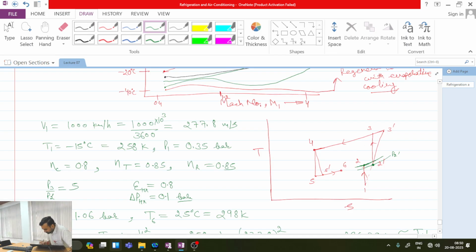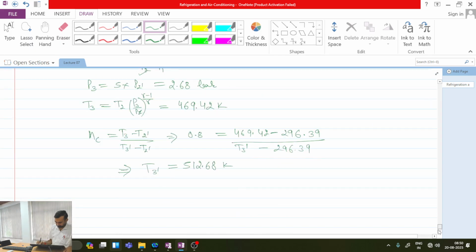So in this way, point 2 and point 2 dash will align almost on the same temperature conditions for small pressure ratios. If the pressure ratio is significant, the effect could be significant, but for small pressure ratios it will be minimal, and the temperature will be almost the same. Up to T3, is it clear?